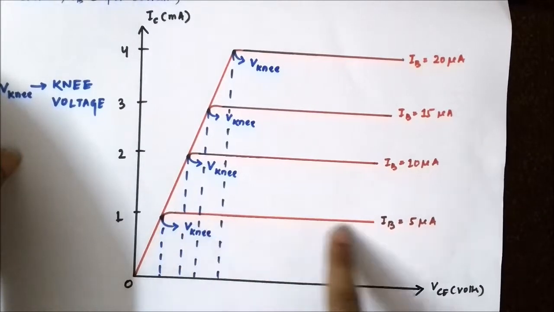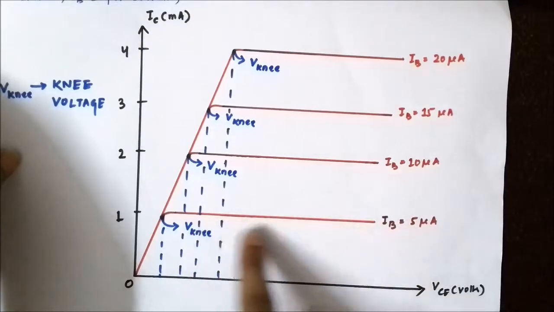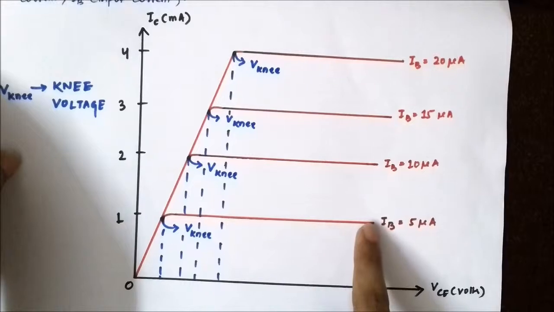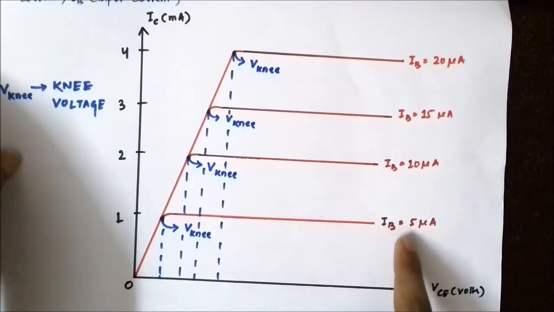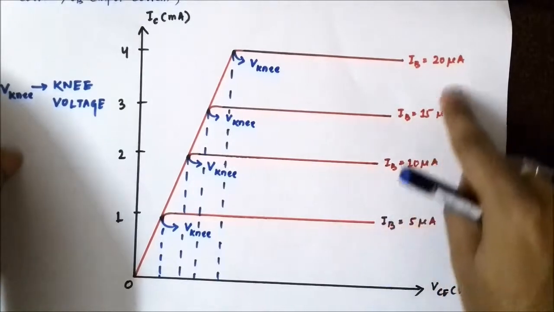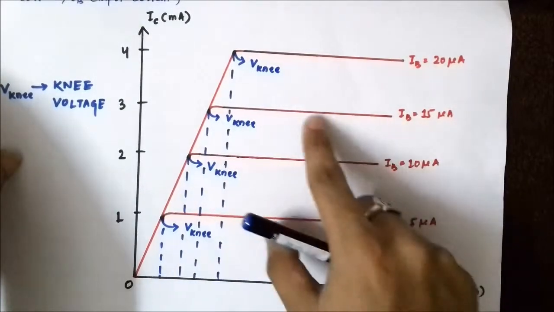Always in this flat line region the transistor is operated, and in this region the value of the collector current is equal to beta IB. As we increase beta, the value of the constant collector current also increases.